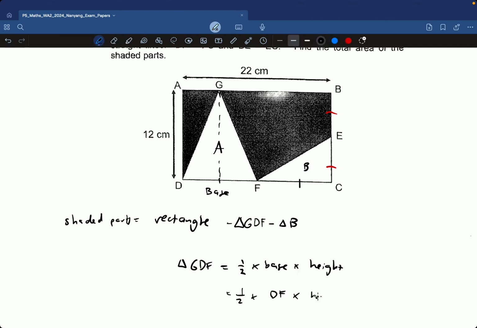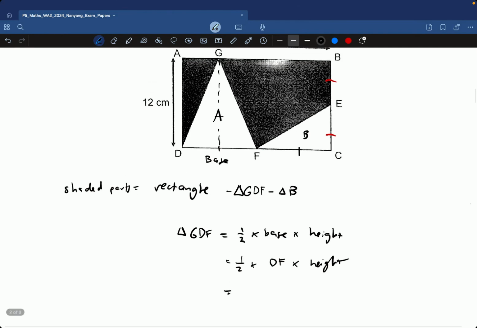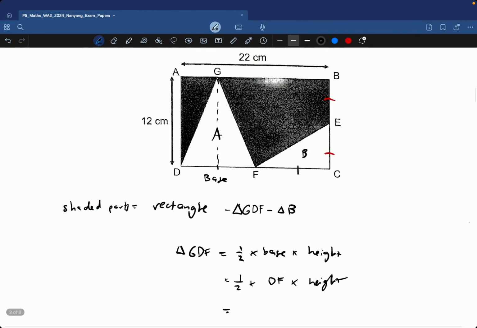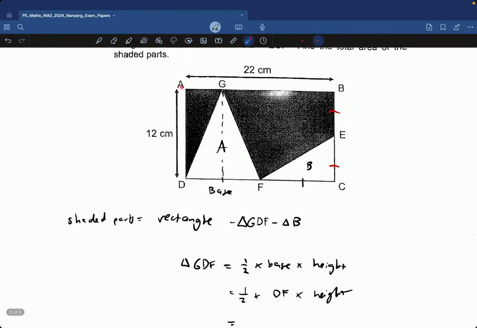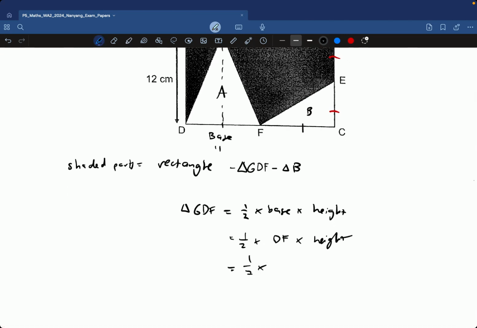DF is the length of the rectangle divided by 2, which is 11. So the base is 11 and the height is 12. It's half times 11 times 12, and if you cancel, this will be 66 centimeters square.